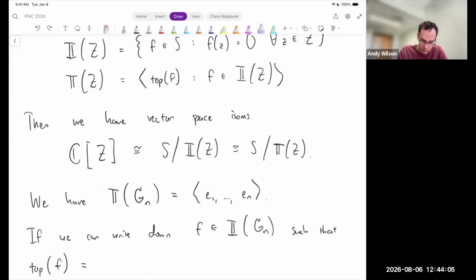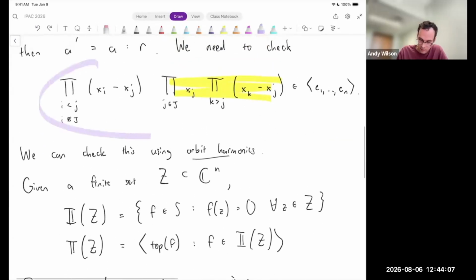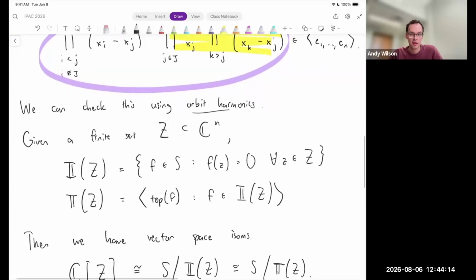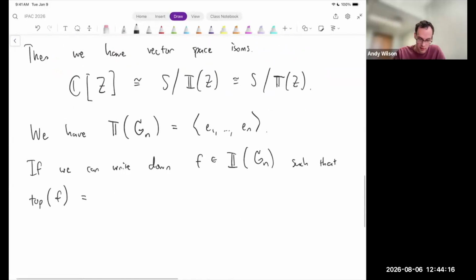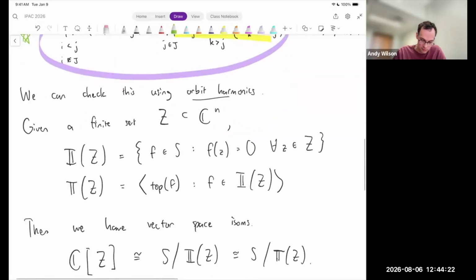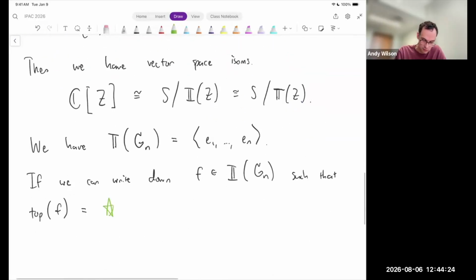Then we take the top component, and we must get something in this ideal. I suppose the correct way to do this is something like this. Then we have the right containment.